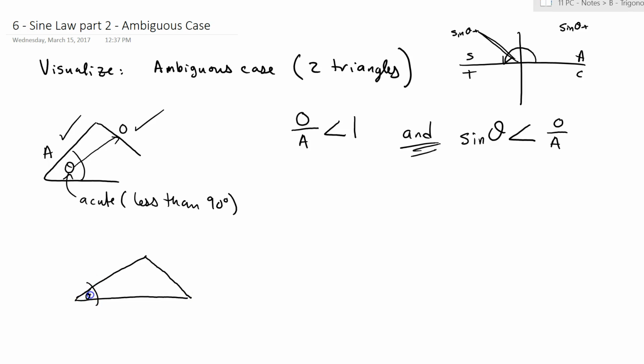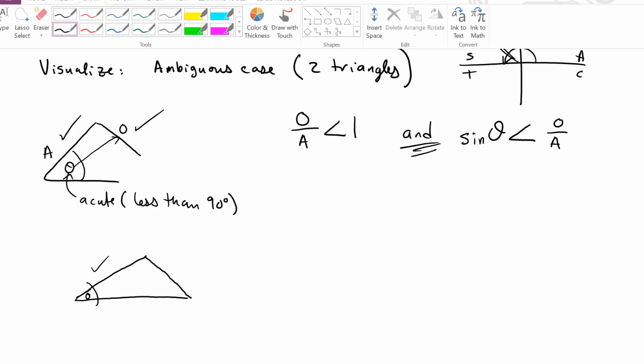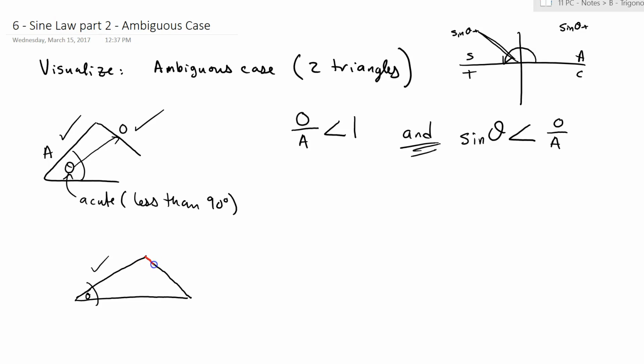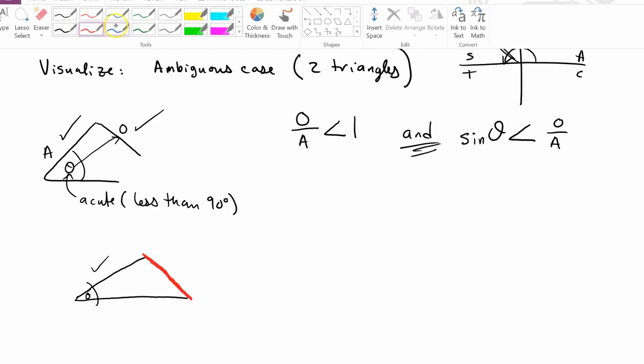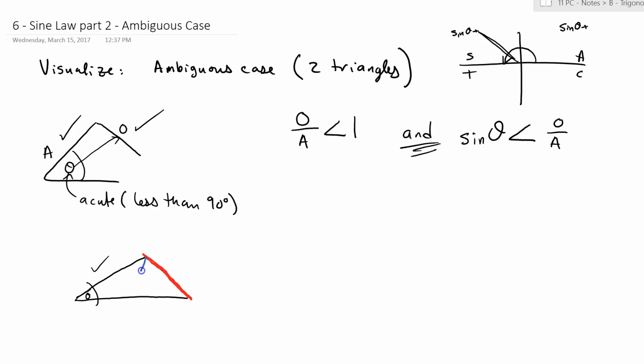So this is acute, and we're given this one, and you can see that this one is shorter than this one, so then the ratio is less than 1. And we have one line that can be drawn here, but we can also have another line, another side that can be drawn this way. Now these two are the exact same.